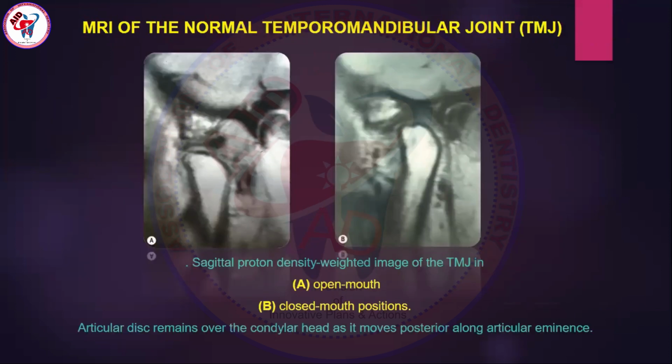Ladies and gentlemen, this is another MRI which you can understand as well. Try to concentrate in such a way that you can diagnose. You see, this is open, this is superior joint space, inferior joint space, that is the disc, and you see the lamina going above, this is the attachment to the lateral pterygoid muscle, these are the posterior fibers, and this is the condyle of the temporomandibular joint. Why is it closed?